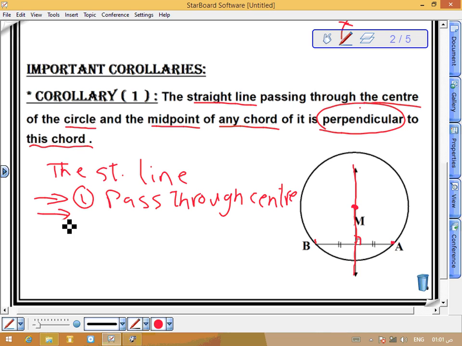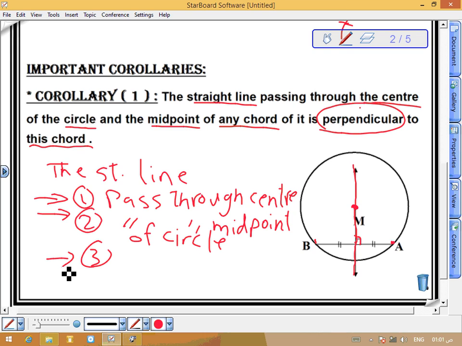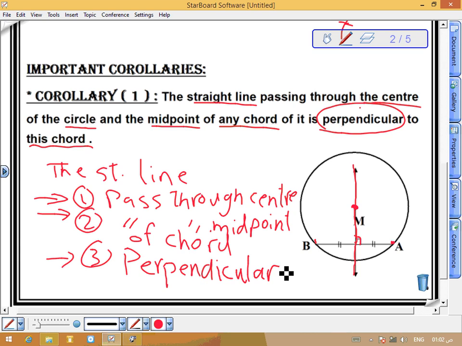The second, it passes through the midpoint of the chord. Sorry, it is not passing through the midpoint of the circle, it is passing through the midpoint of the chord. The third point, it will be perpendicular to the chord.